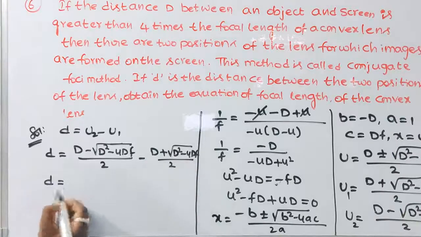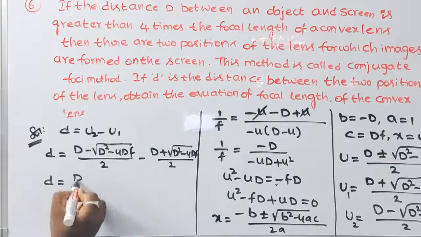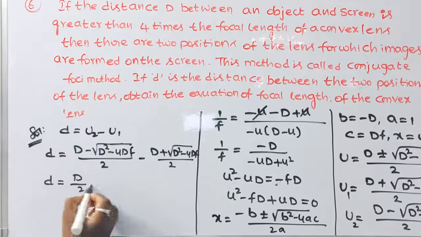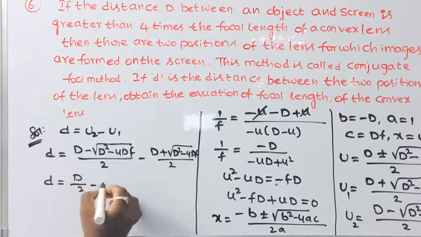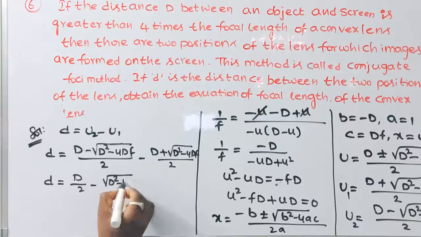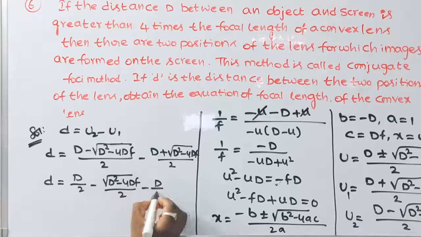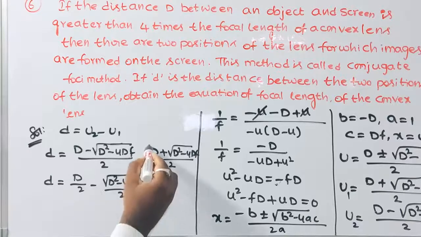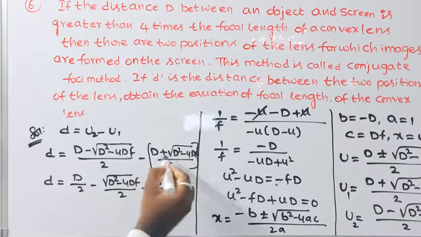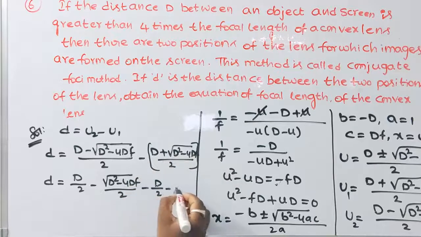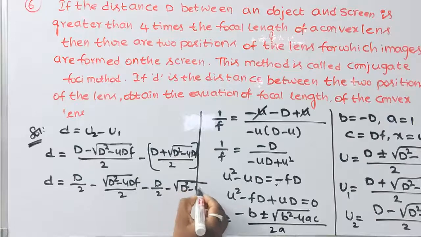The distance between the two positions of the lens, d, is equal to d by 2 minus square root of d square minus 4df by 2, minus d by 2 plus square root of d square minus 4df by 2.